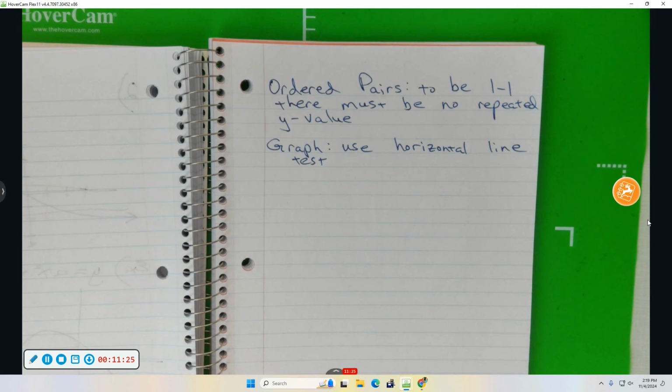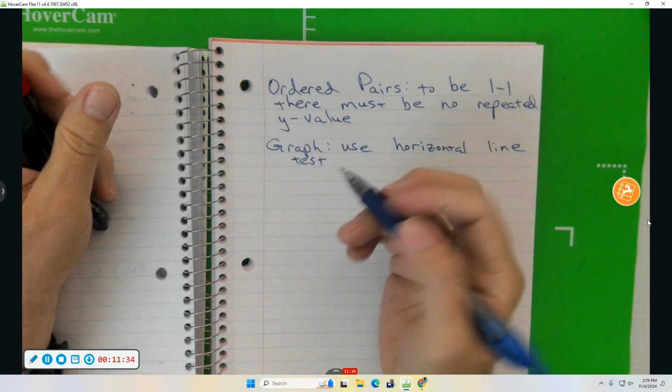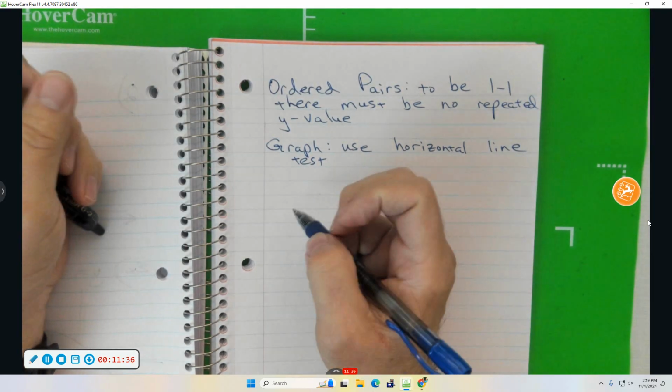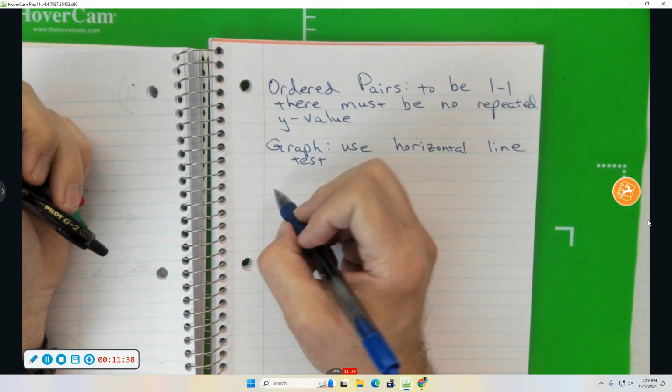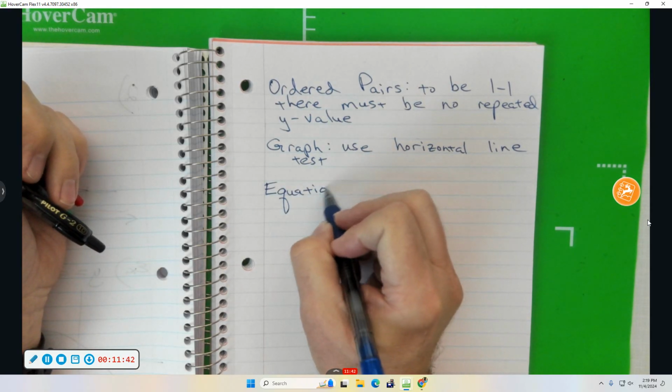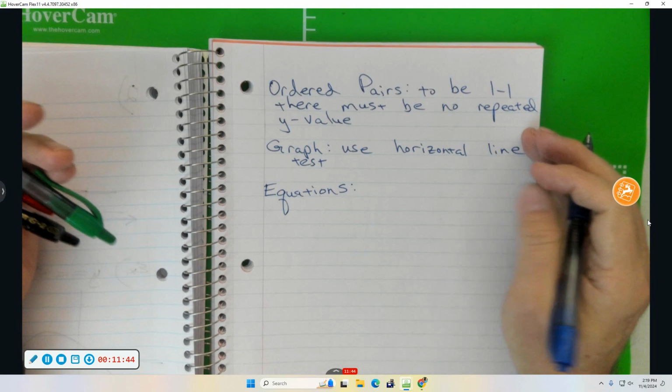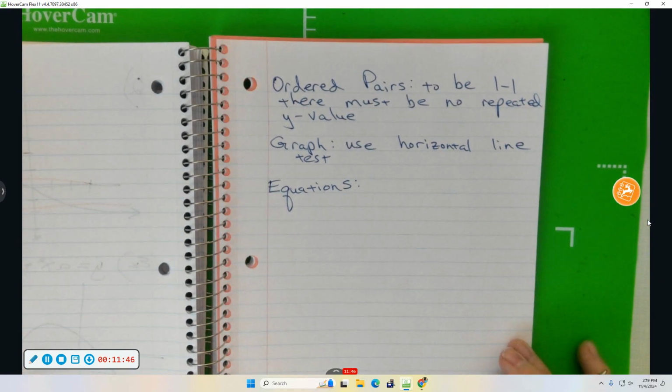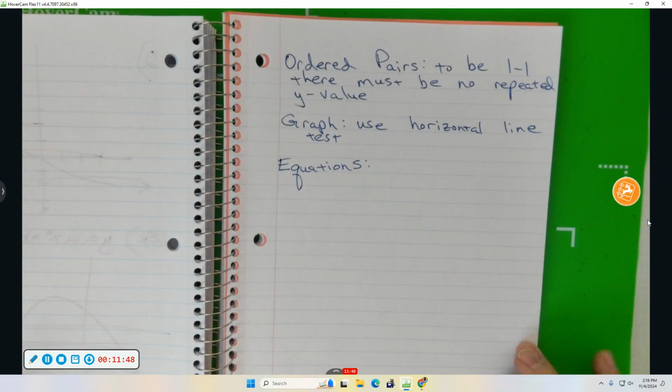There. Now, for equations. Suppose you're looking at an equation, f of x equals ax squared plus bx plus c or something like that. For equations, to determine if the expression is one-to-one, what makes us have these repeated y values?